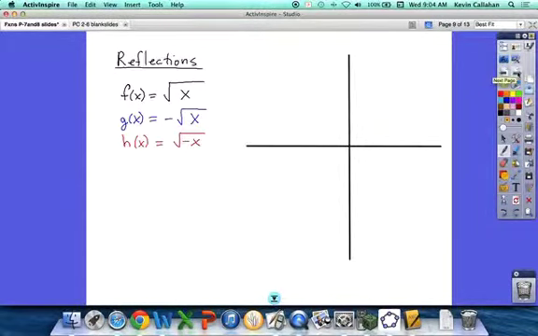Okay, reflections. I'm going to use the square root function now. If you remember from the very first slide where we had all the parent functions, the square root function has a general shape like this. What does it do to the graph of a function when you put a minus in front of it?